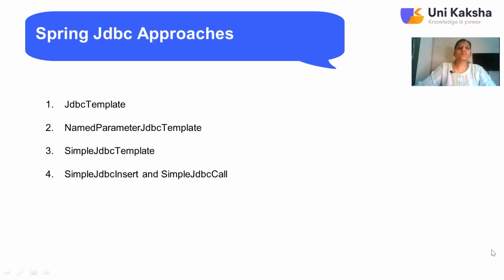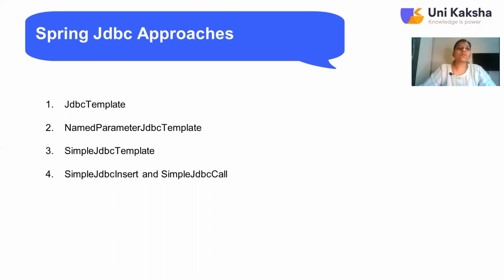So now let's move on to the next. These are the JDBC Spring approaches for connecting with the databases. These are the different classes which we are using for connecting with the database. Now, whenever you are using Spring with your Java application, you have to follow some steps. First, you have to download the Spring jar files which are required for your Java application.